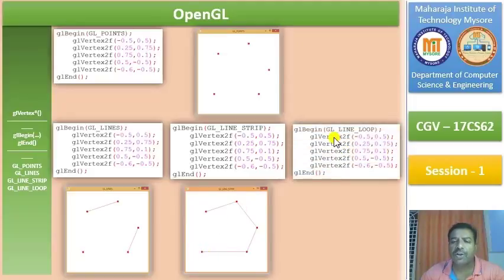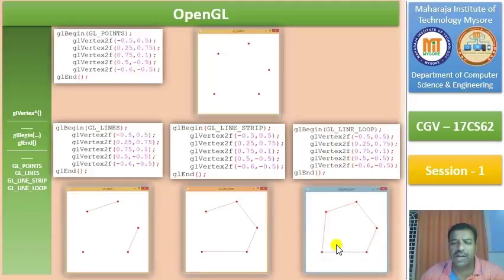Now if I use GL_LINE_LOOP, for the same 5 points, this is what I'm going to get. It is exactly the same as GL_LINE_STRIP, with one difference: we are going to have a fifth line segment drawn between the last point in your glBegin and glEnd along with the first point.